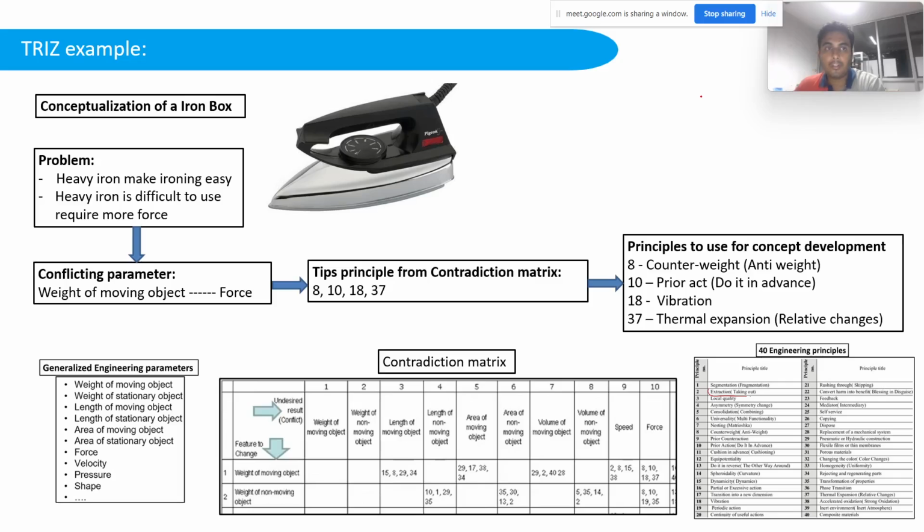Okay, so here's another example for TRIZ. In this particular example, I'll be talking about how we can use the TRIZ technique to conceptualize an electric iron. Basically, an electric iron is something that we use for making our clothes wrinkle-free.